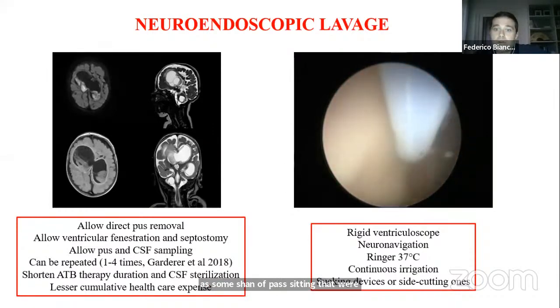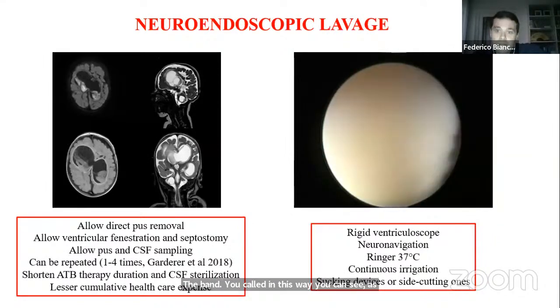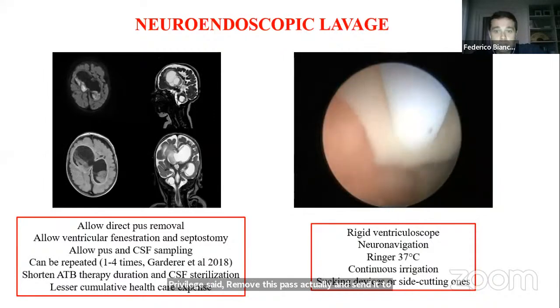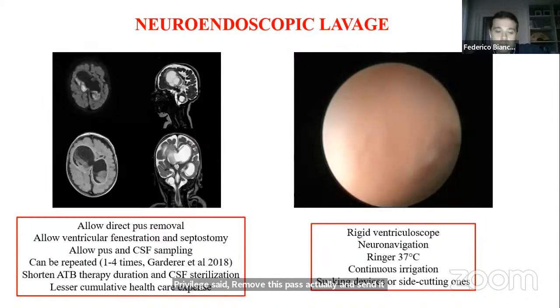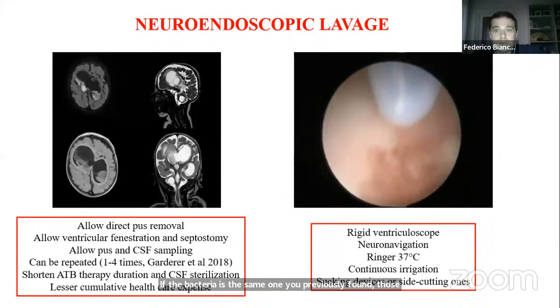In this way, you can remove this pus and send it to the microbiologist to check if the bacteria is the same one you previously found, or if it's another one, maybe more resistant.